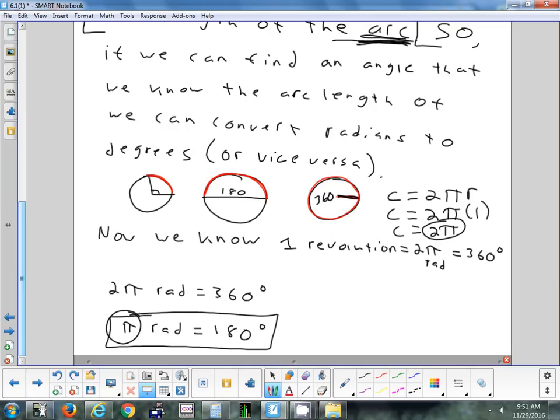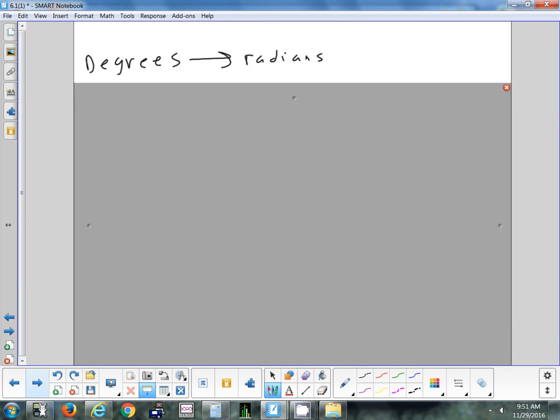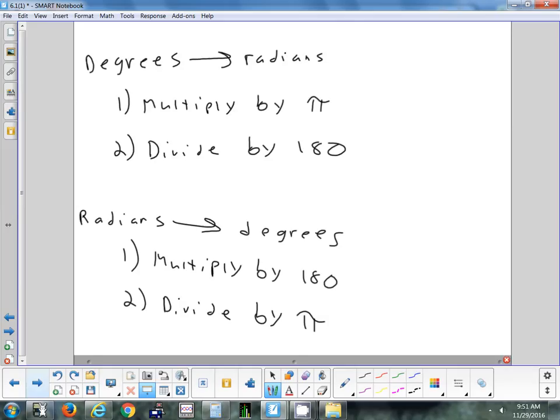So these two numbers, pi and 180, are the two numbers that you see a lot when you're converting between degrees and radians. I'm going to show you the steps for converting between degrees and radians, which involve the two numbers we just came up with.